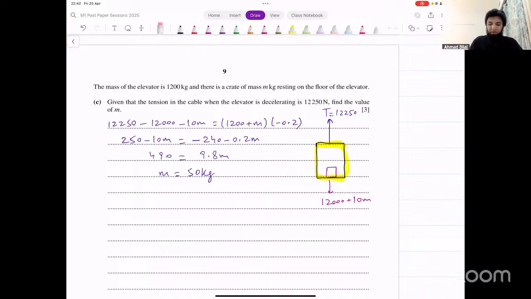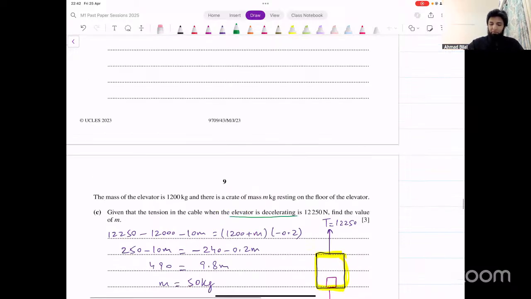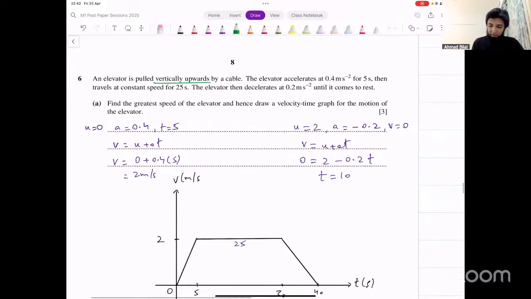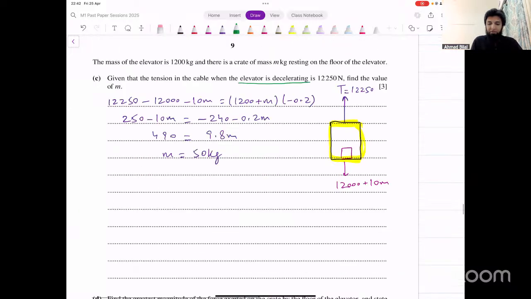The total mass is 1200 plus m times acceleration. They asked us to find the mass when the elevator is decelerating. They told us earlier the elevator decelerates at 0.2 meters per second square. That's given in the question. So we are using 0.2 from there. Since it's deceleration, we use negative 0.2 as the value for acceleration.